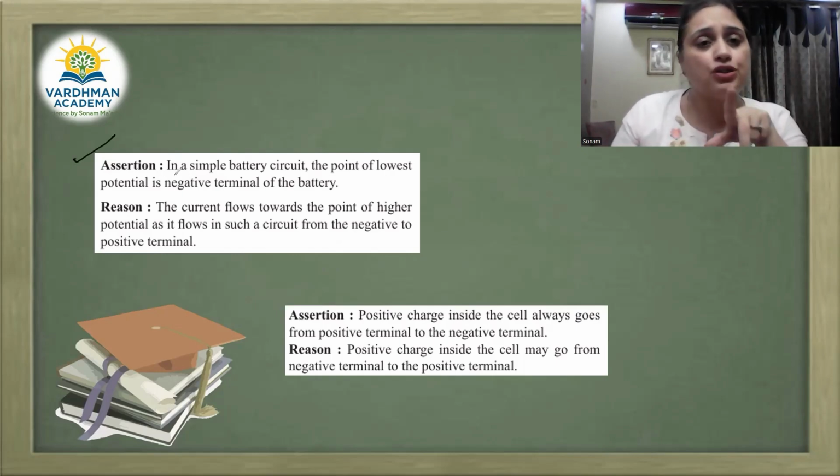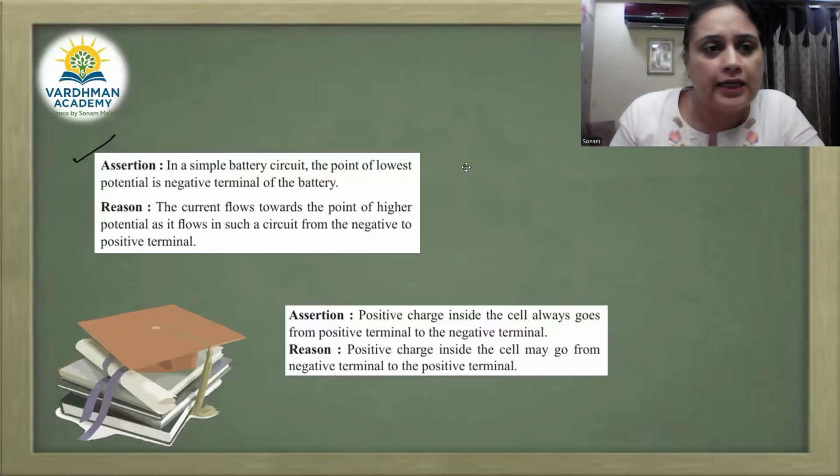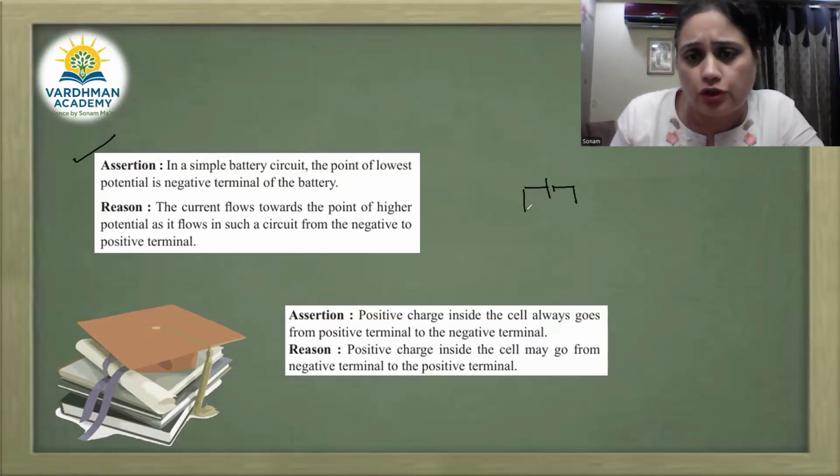The first one, assertion: in a simple battery circuit, the point of lowest potential is the negative terminal of the battery. You have to tell whether this statement is true or false. Let us draw a battery here, children. This is the negative and this is positive. So this is of a lower potential and this is of a higher potential, right?